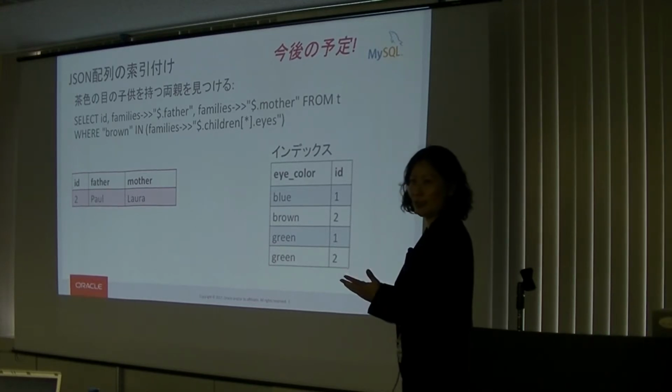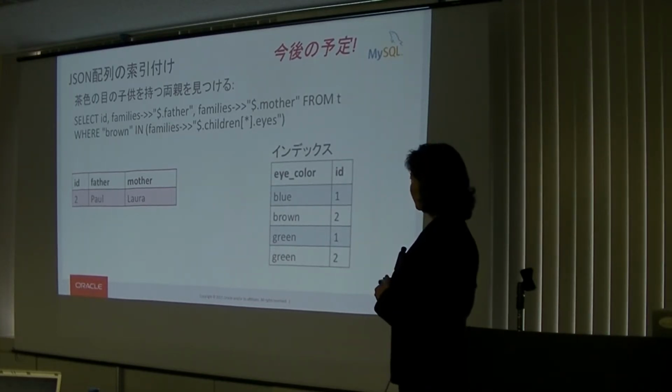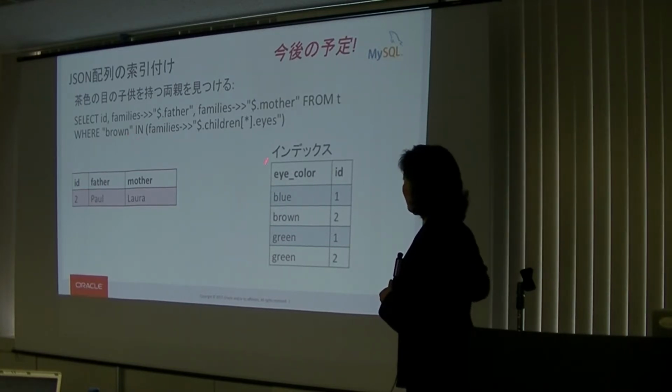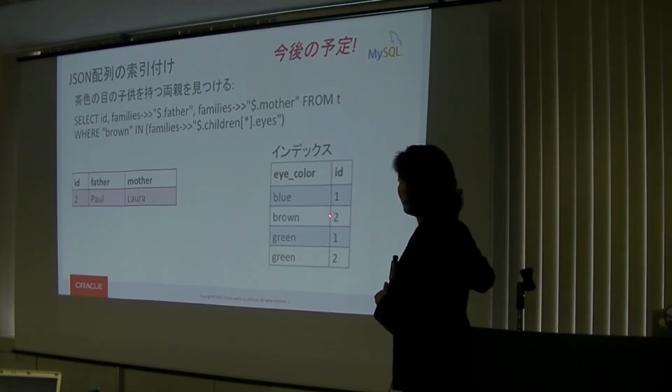Now I want to use the index I have created. I want to know all the families who have a child with brown eyes. Then the optimizer will use this index and check: okay, brown eyes, family number 2 has brown eyes.